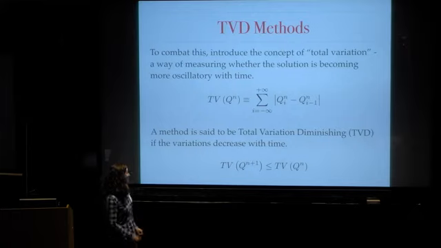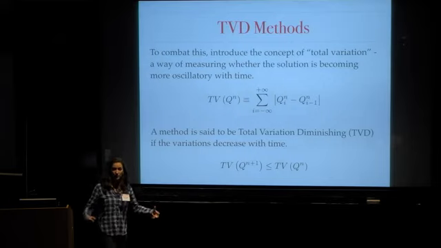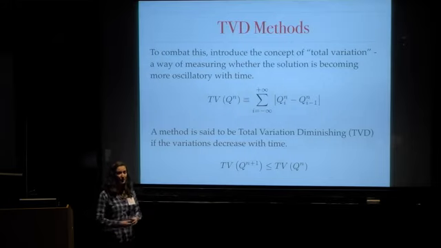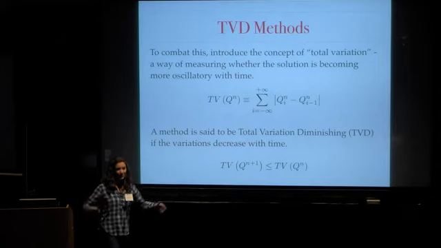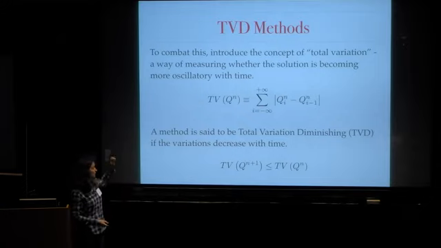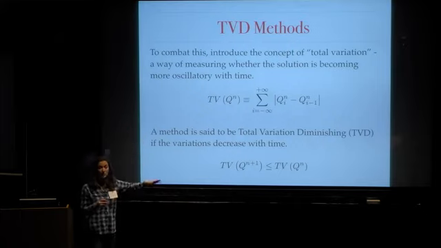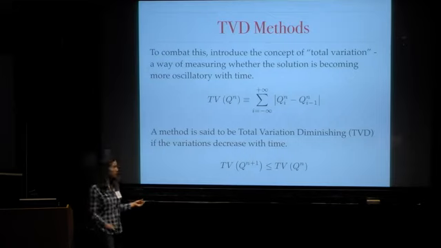And so there's this whole class of methodologies devoted to figuring out how to reduce those oscillations, because we want higher order methods to improve the accuracy, but we don't want additional oscillatory behavior. So this is the concept of total variation. You just want to know whether or not your solution is becoming more or less oscillatory in time.